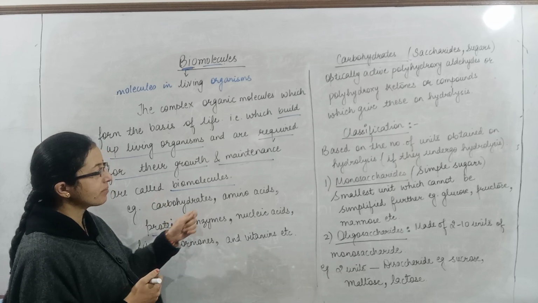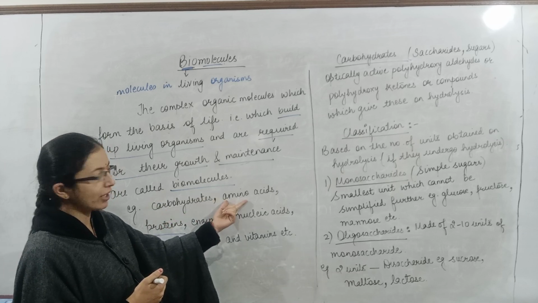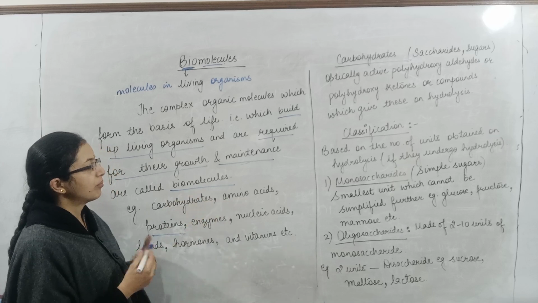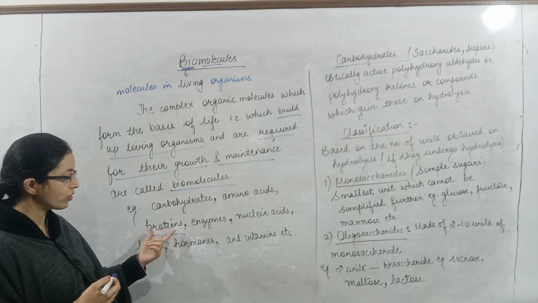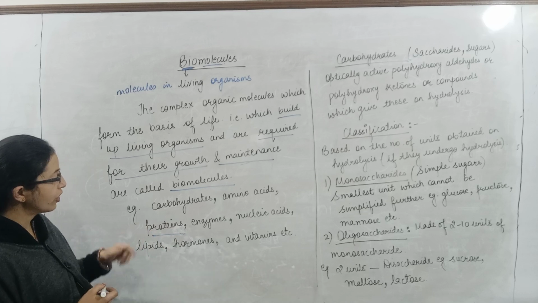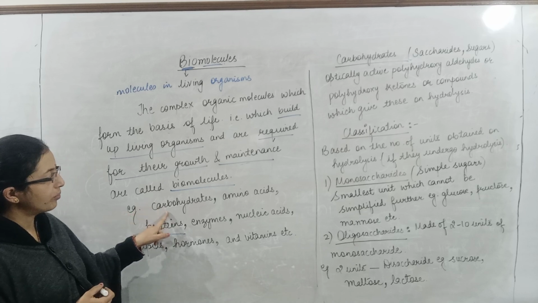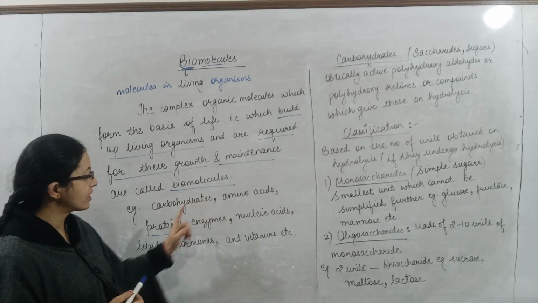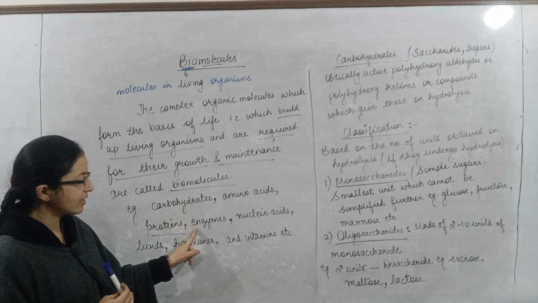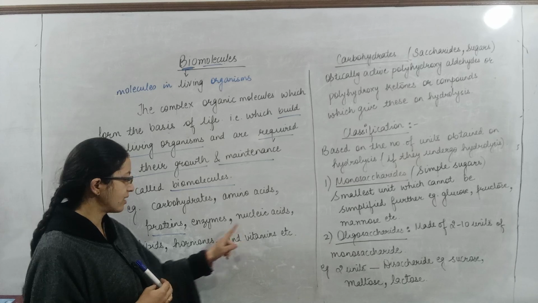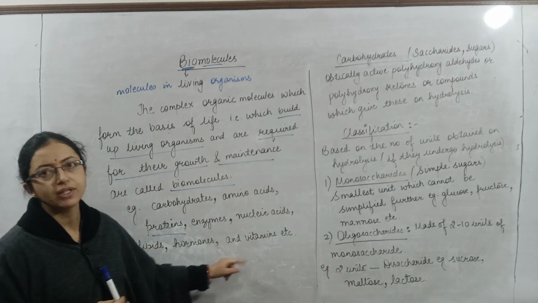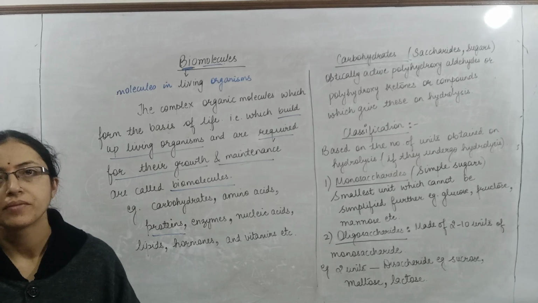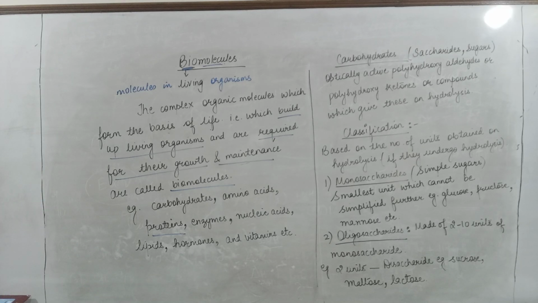So they may be very simple like the micromolecules, or they may polymerize to form the macromolecules like proteins, right? So some of the examples are carbohydrates, amino acids, proteins, enzymes, nucleic acids, lipids, hormones, and vitamins, etc. Note down the definition.